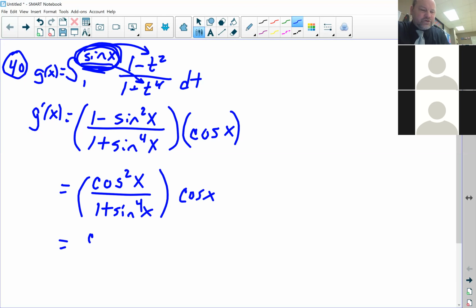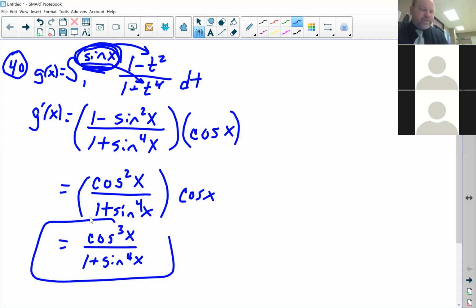And I'm not sure how the book answer key listed it, but this is another possible answer.